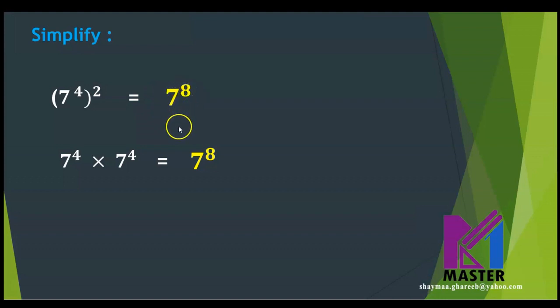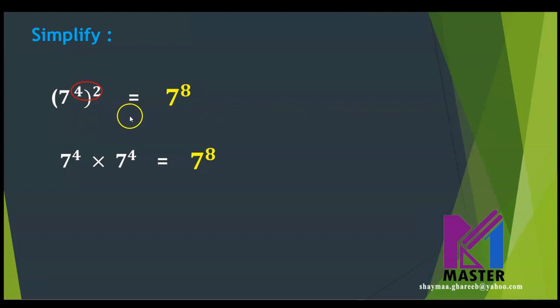Now I want you to look at these two powers here and the power of the answer. What do you notice? Can you come up with a rule, or is there any relation? What do you think? If we multiply the two powers together, we get the power in the answer.